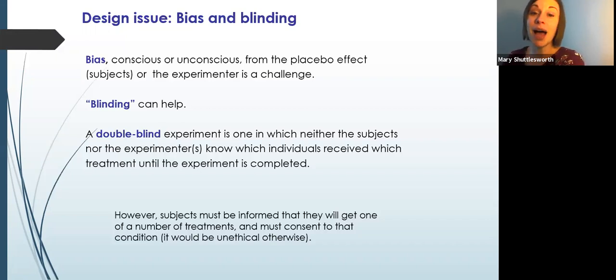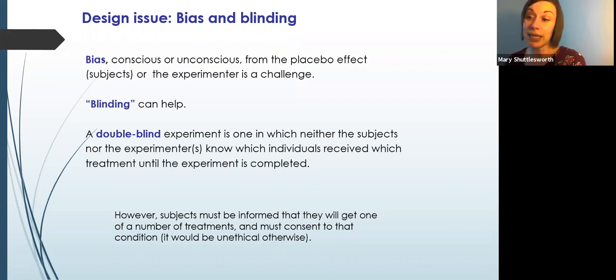There can also be bias on the side of the experimenter. So if as an experimenter, I know which group is getting the placebo and which group is getting the actual drug, well, then I might have some kind of bias, and maybe I'm looking for more improvement with the group that's getting the drug compared to the group that's getting the placebo. So that can be a potential confound within an experimental study. And so one of the things that we do to get around that is what's called blinding.